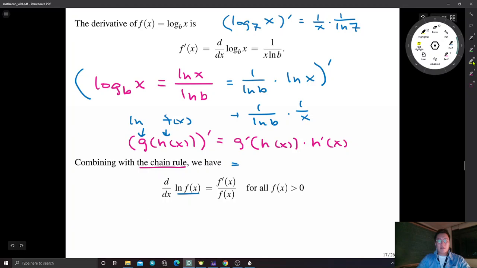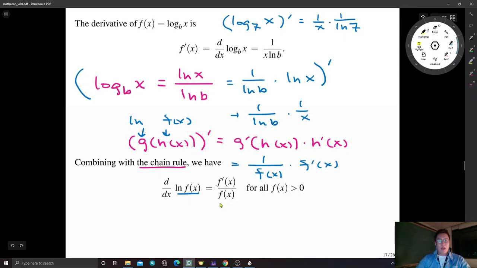So we first take the derivative of the outer function, following the chain rule. So g prime is 1 over f of x, and then we multiply by the derivative of the inner function, f prime. So we have the derivative of the inner function, f prime, on the top, and f of x on the bottom.